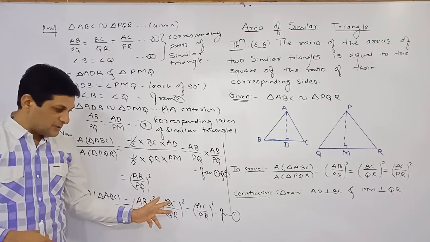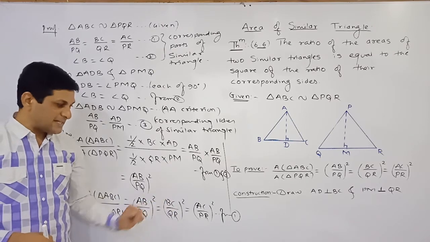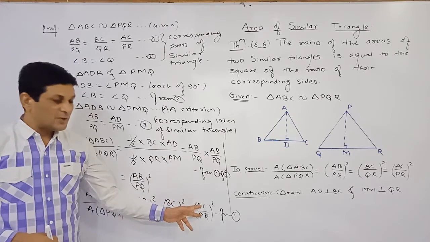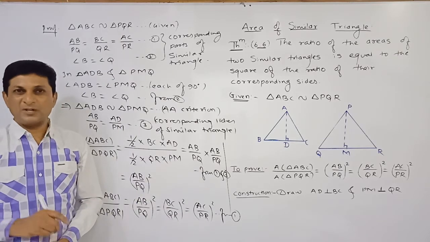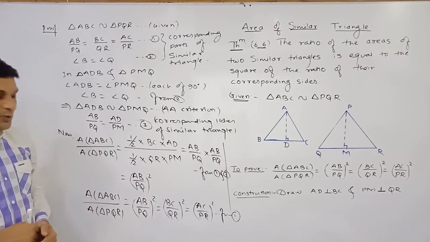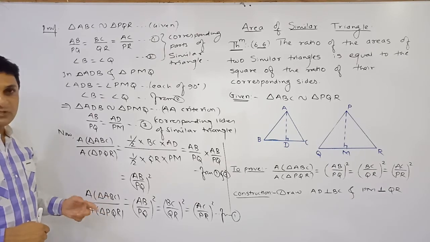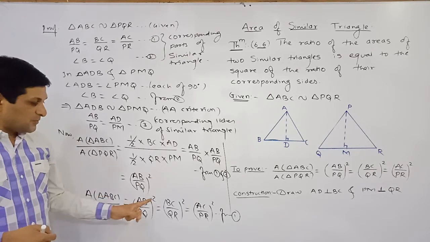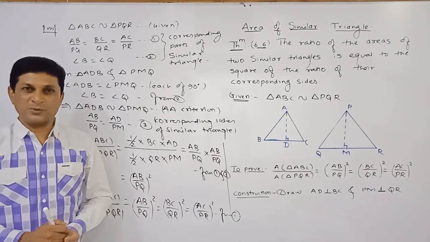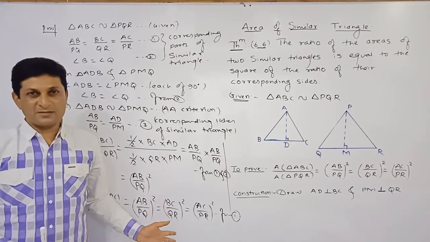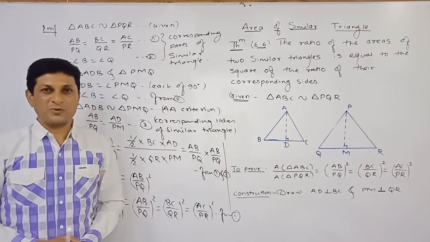AB upon PQ is equal to BC upon QR, which is equal to AC upon PR, all from equation number first, keeping the square as it is. In this way we have proved that the ratio of the areas of two similar triangles is equal to the square of the ratio of corresponding sides, and that is the result we had to prove. So hence, we have completed the proof of this theorem.